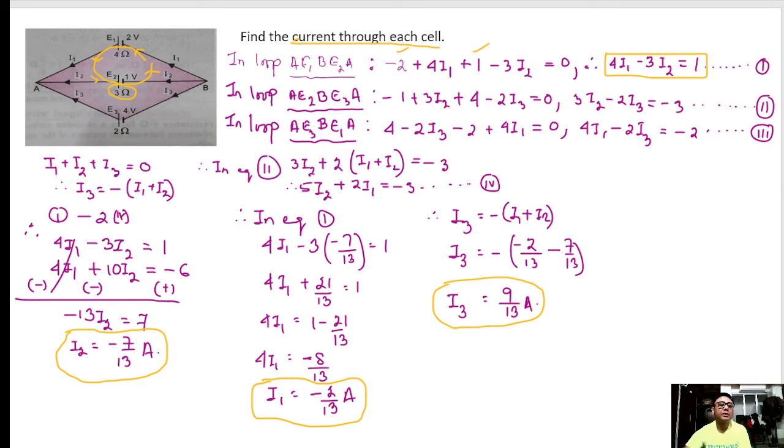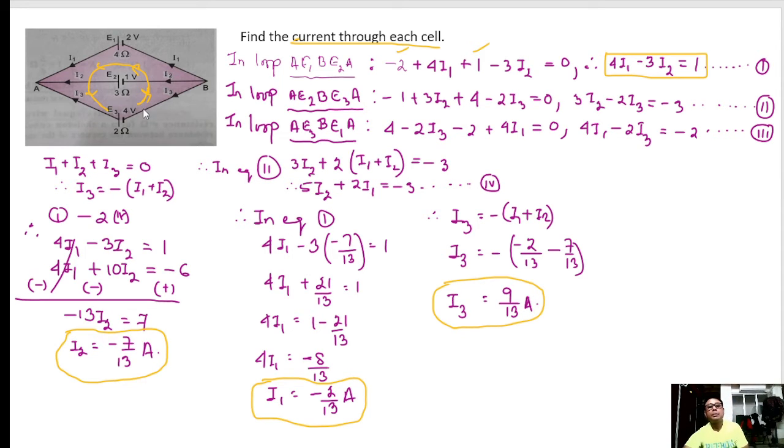Second, now let me show the second loop. The second loop says that you have to go A, E2, B, E3, A. So I will choose to go like this. This is the loop.